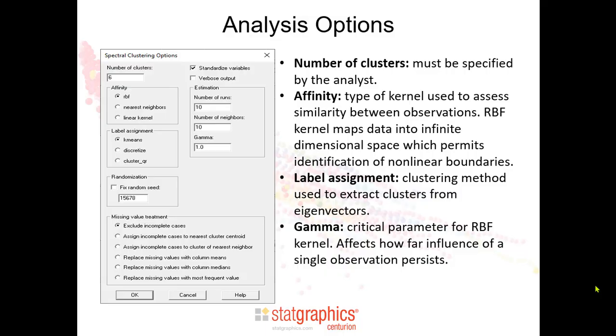The RBF kernel, as we've mentioned, maps data into an infinite dimensional space, which permits the identification of nonlinear boundaries. The third option that needs to be set is the method for clustering once the eigenvectors are estimated. And finally, if you're using the RBF kernel, there's that critical parameter gamma, which affects how far the influence of a single observation persists.